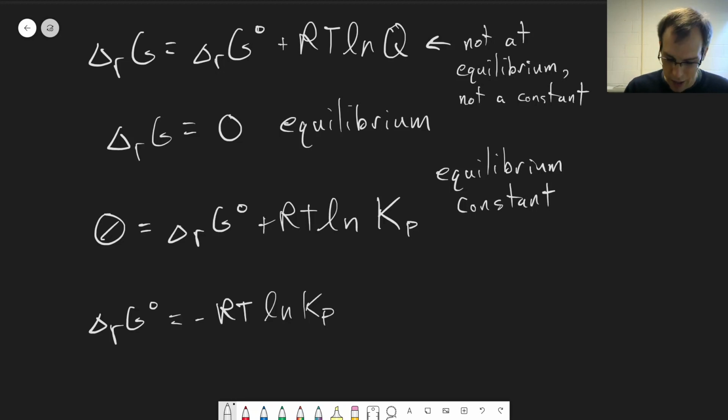And this is a really fundamental relationship relating the standard Gibbs free energy to the equilibrium constant for a reaction. And we can say that Kp is equal to, again, the same, Z goes on the top. I think we did Y first.